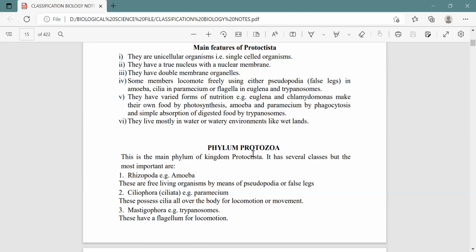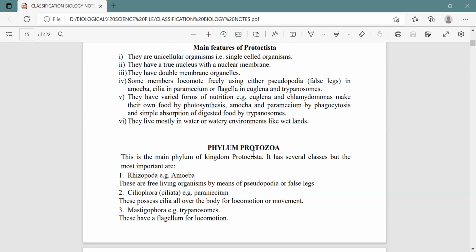It is engulfed into a food vacuole, and that food particle enclosed in a food vacuole is digested intracellularly, intracellular digestion. The soluble products of digestion are absorbed into the surrounding cytoplasm of the amoeba or the paramecium.